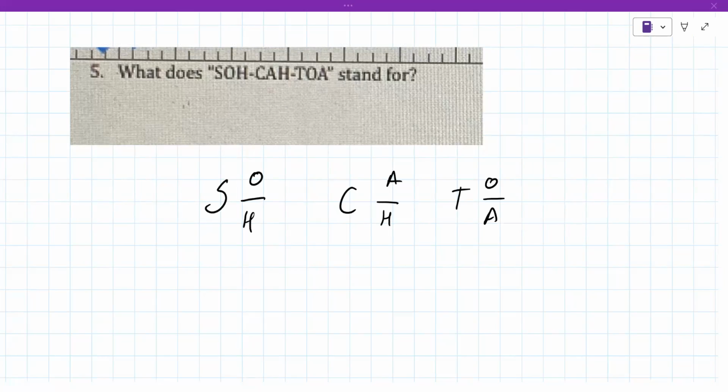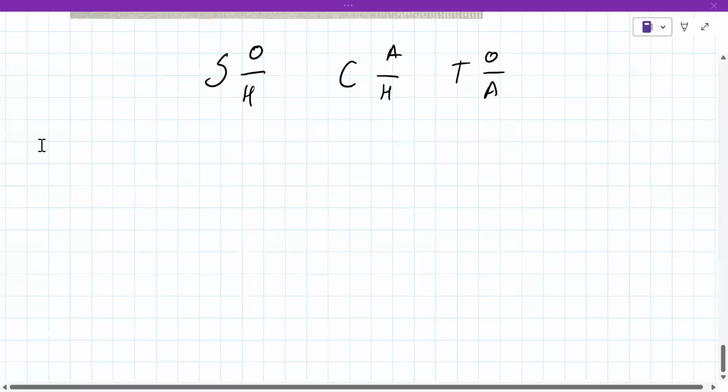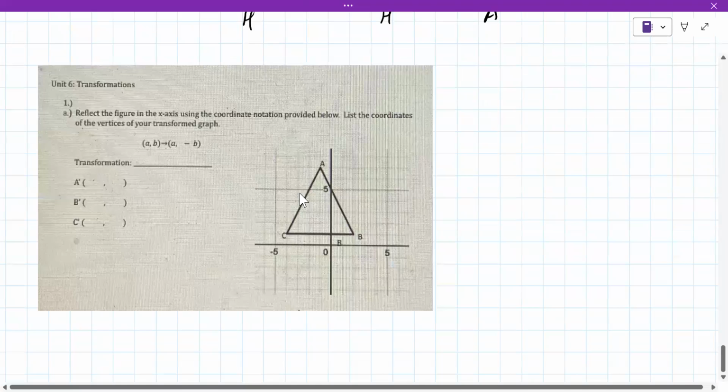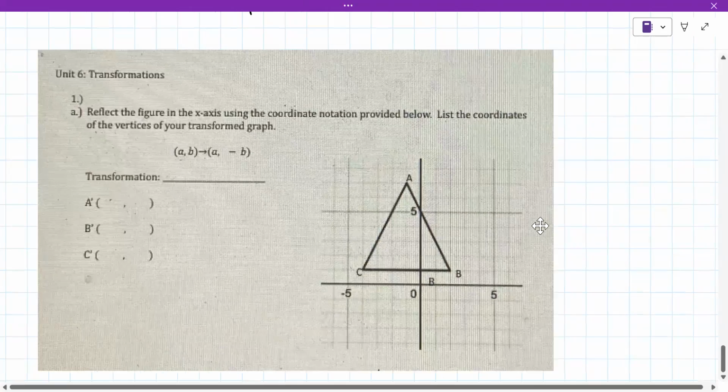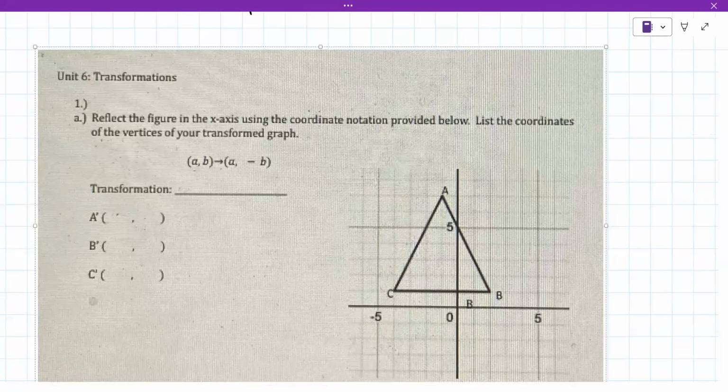Now we're up to some transformation problems. We had a list of transformations at some point. You may consider putting those on your reference sheet.